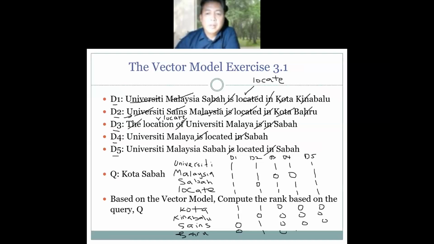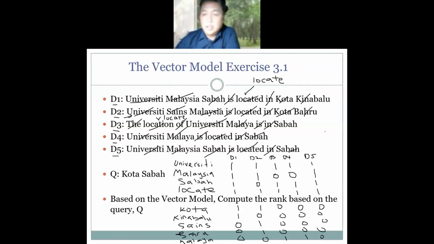So only exists in the second document. Okay. So we cover this one. Okay. Malaya again. So Malaya exists in the third document and also fourth document. Okay. So we have done that, that, that.